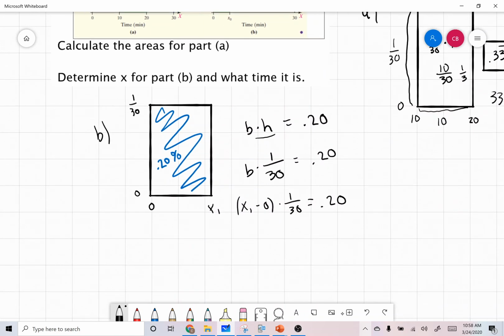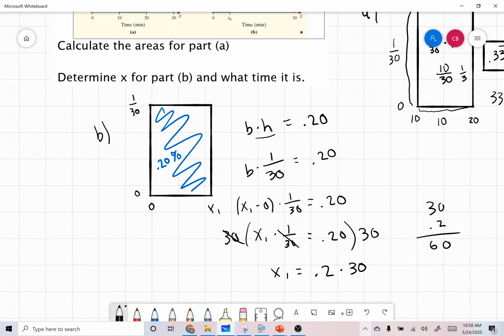So x1 times 1 over 30 is equal to 0.20, which is 20%. We multiply both sides by 30, and that cancels. This gives us x1 is equal to 0.2 times 30, which is 6. So x1 is equal to 6 minutes.